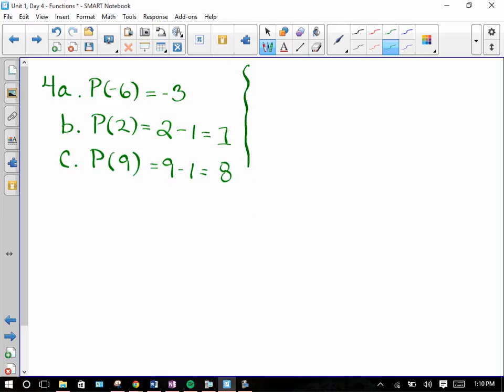8C now. Okay, 8C says, use the graph to estimate when water consumption was 6 billion gallons. Confirm algebraically.